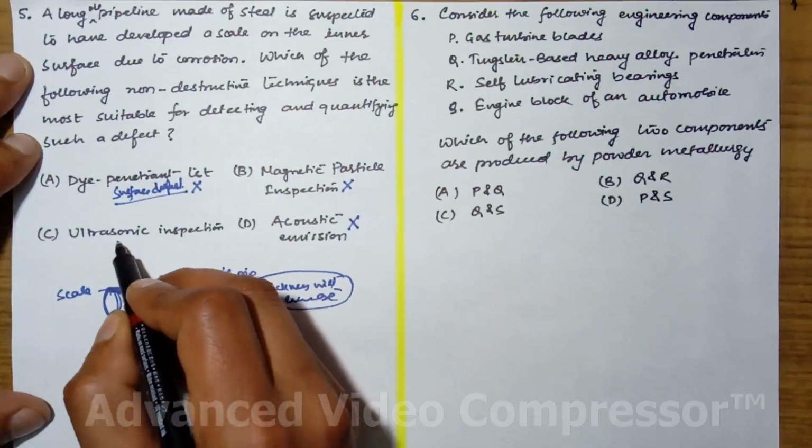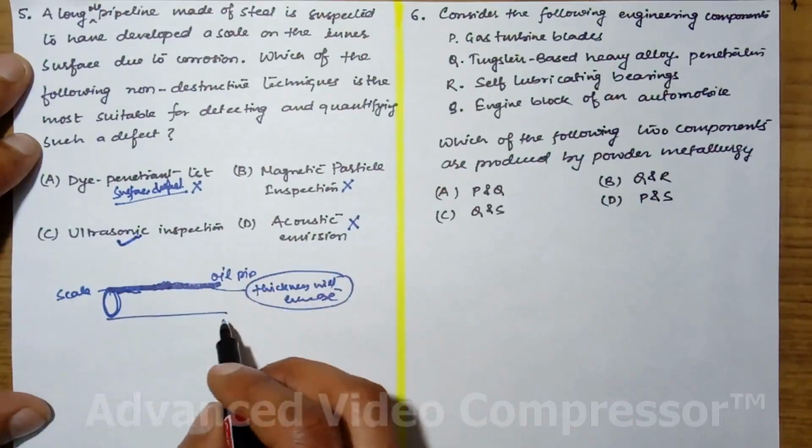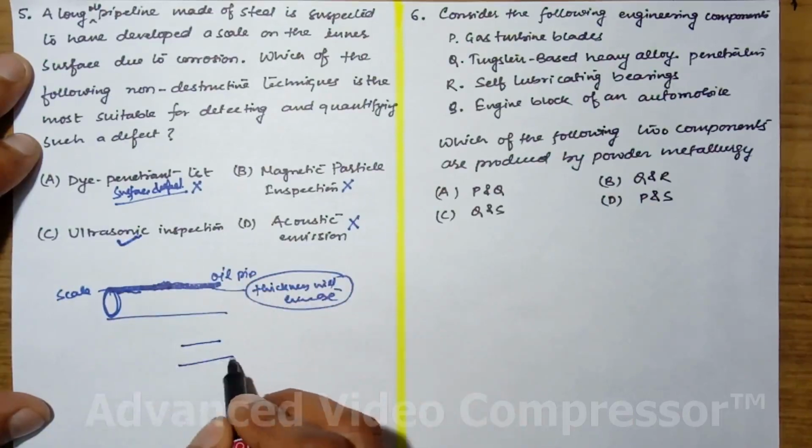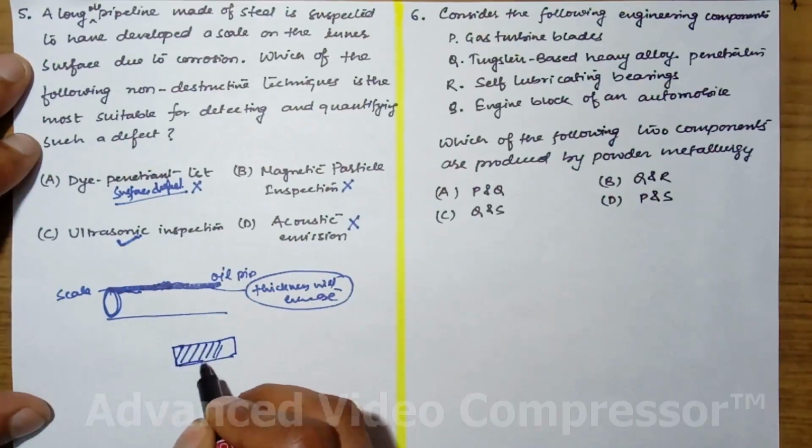Ultrasonic inspection is valid because in ultrasonic inspection we can also measure the thickness of the sample. Suppose this is the sample being tested. Ultrasound moves through it and reflects back.